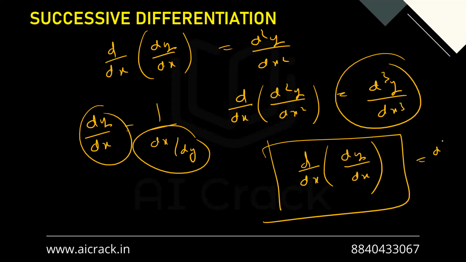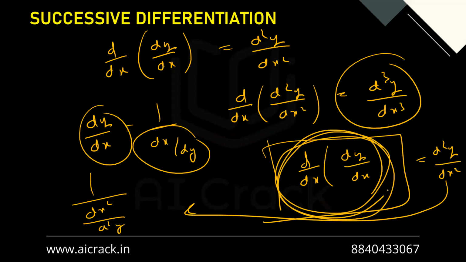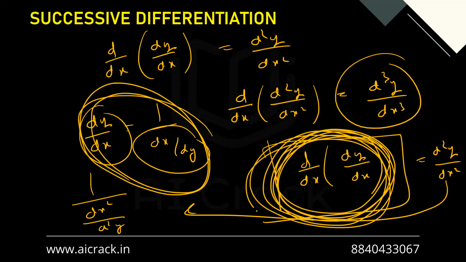This is d2y by dx square. We cannot write this as 1 upon dx square by d2y. We cannot do that. Because of this, we lose the linearity over here. That's why we're not able to do that. In this case, everything was linear. That's why we were able to do that. Over here, we cannot do that because we lose the linearity once we introduce the second order derivative.